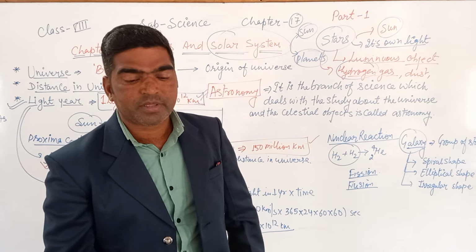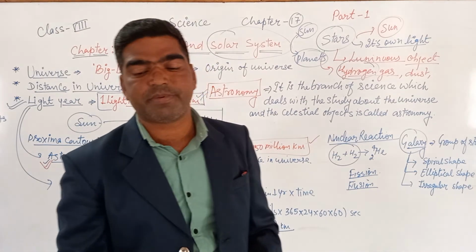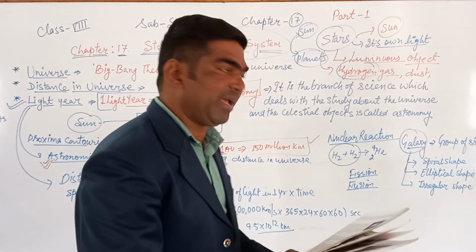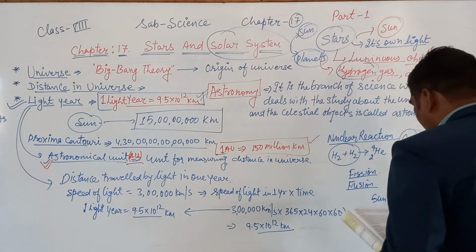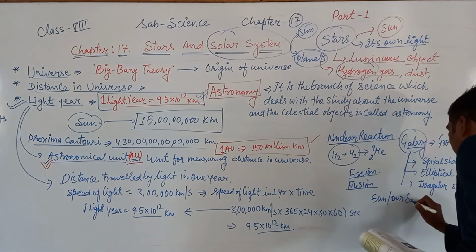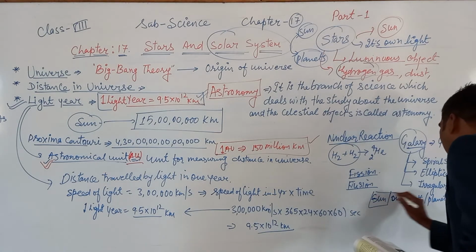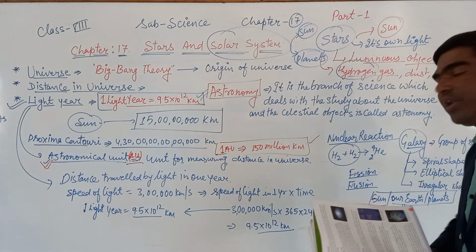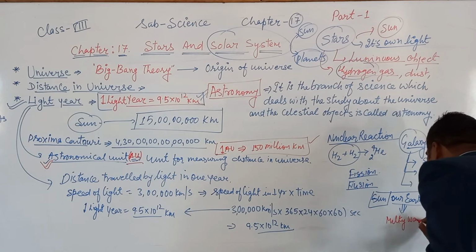Okay, so the galaxy in which the sun, our earth or the planets of our solar system are present, that is called the Milky Way. और हमारा जो पूरा सोलर सिस्टम है, means the sun, our earth, and other planets, all are part of a galaxy which is known as the Milky Way galaxy.